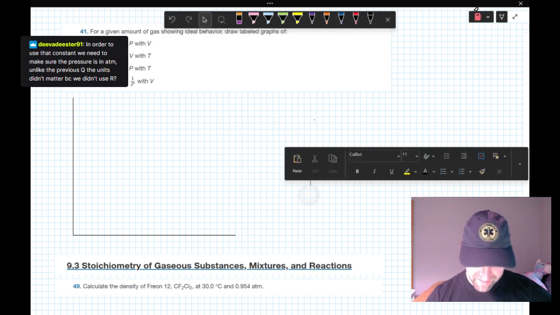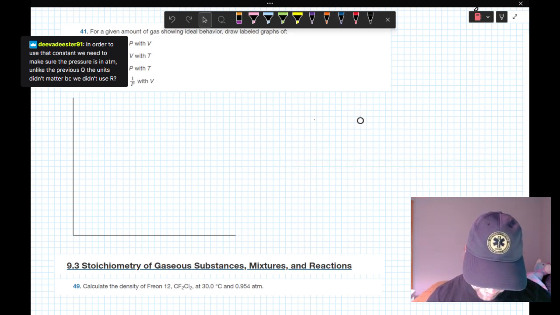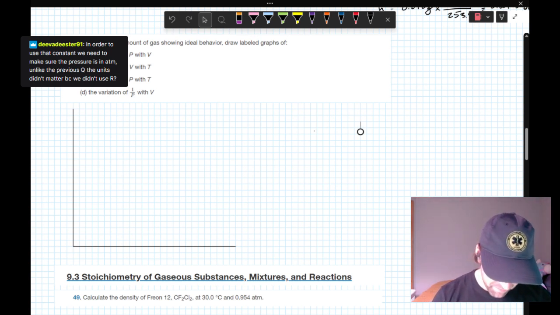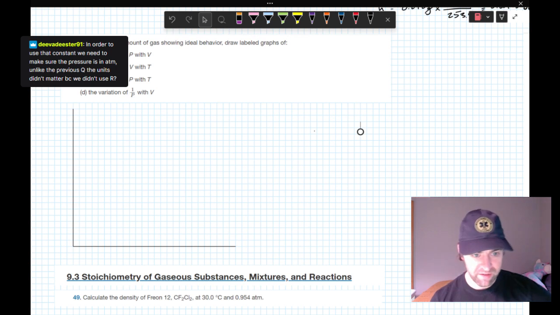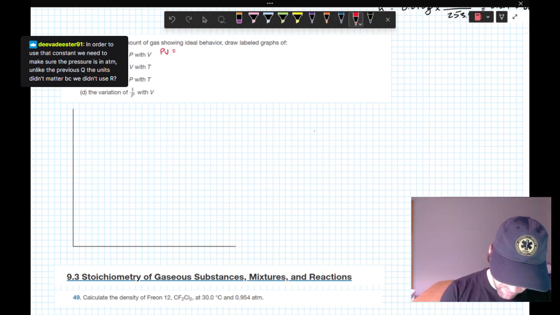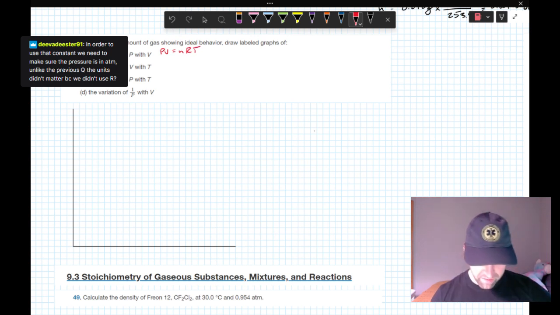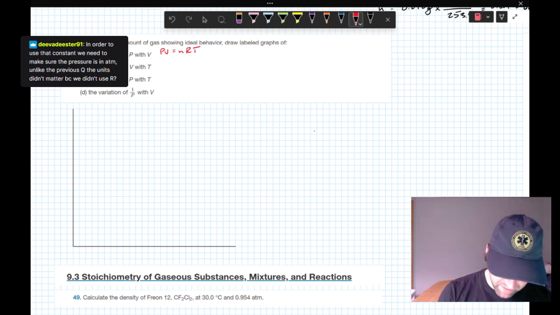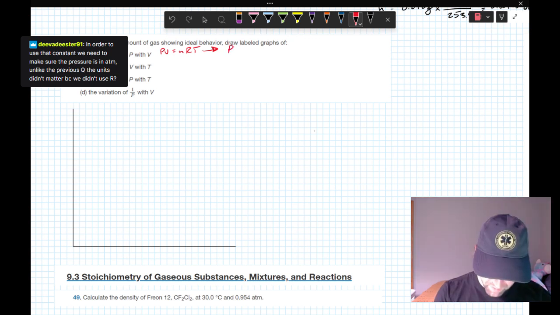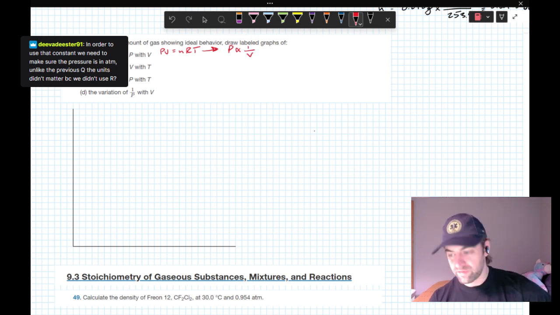So for a given amount of gas, show ideal behavior, draw labeled graphs. The variation of PV. So if we think back, PV equals nRT, pressure and volume multiplied by each other equal the rest of this constant. So if we look at just pressure and volume, pressure is inversely proportionate to volume.